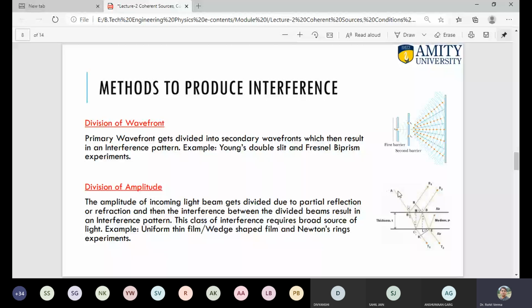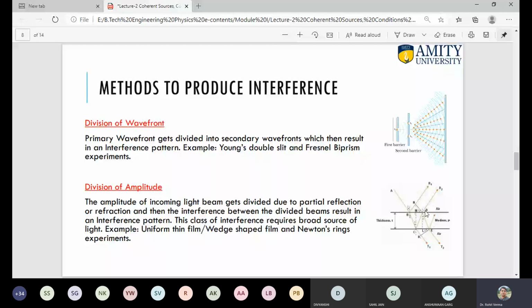Whatever change in the source there will be, they will repeat in the light rays R1 and R2. So they will have the same phase, and since they are traversing approximately the same path, because the thickness of the film is very small, they will be almost in the same phase.